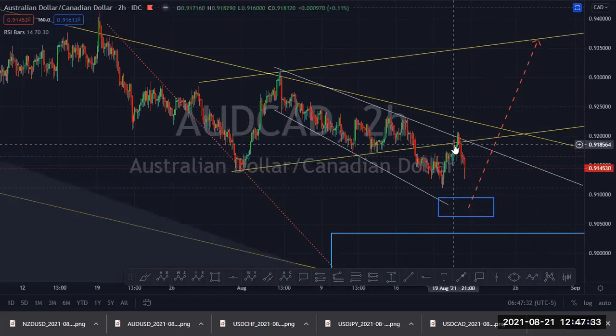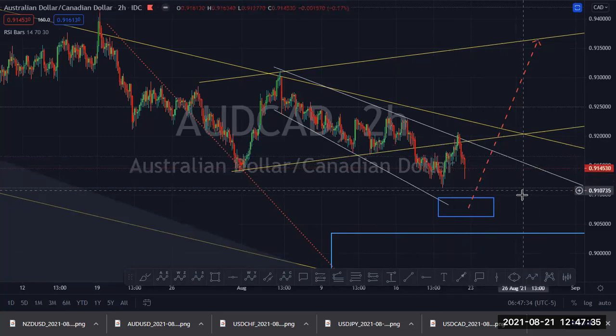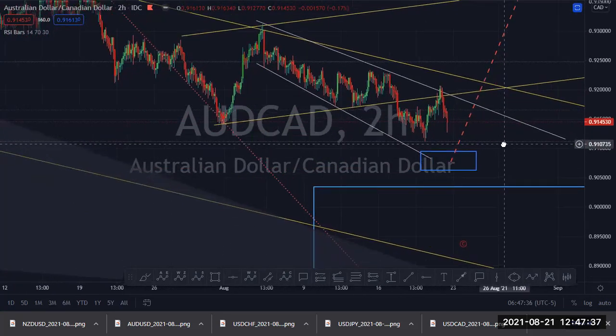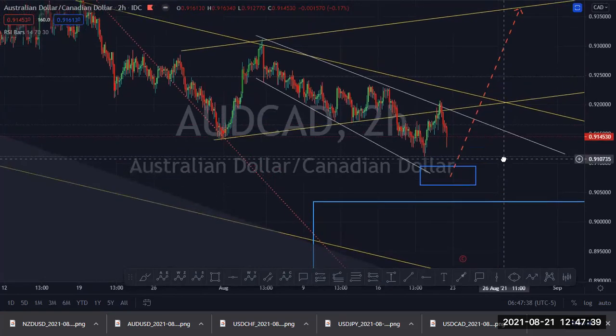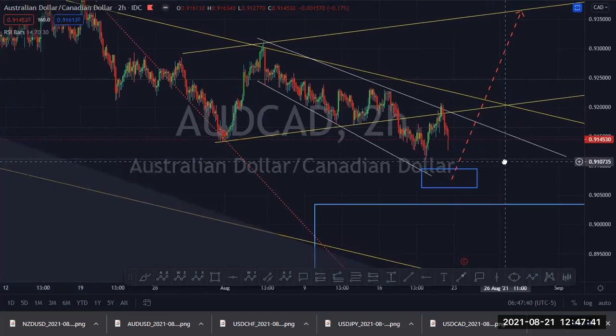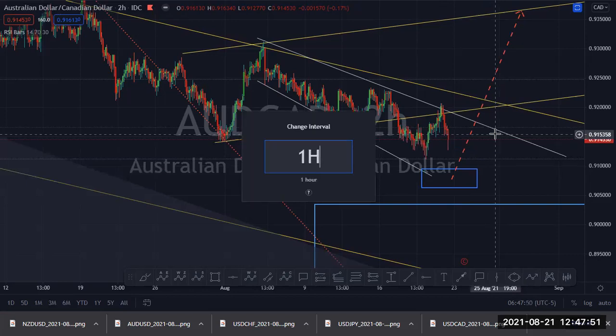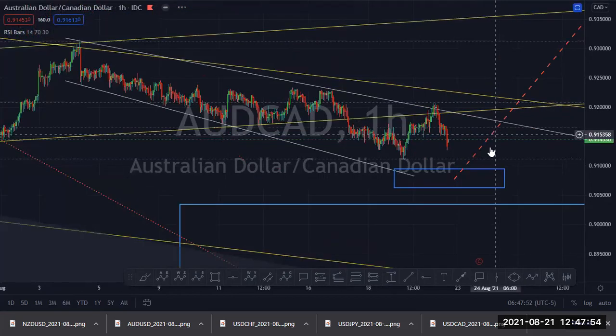Just as I said, I didn't prepare the charts, so I cannot say much on it for now. But everything seems that the selling is not yet over. So you may ignore this chart and focus on other pairs because I didn't prepare it.